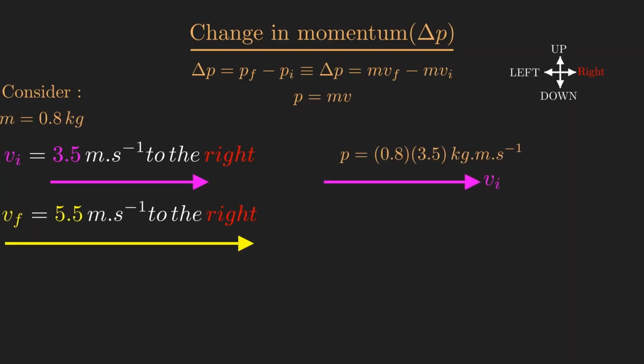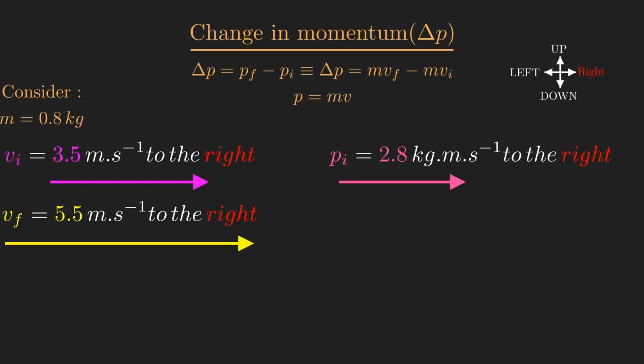So this is our initial velocity. If we multiply this initial velocity by 0.8, we get the momentum. That's going to be reduced since 0.8 is less than 1. So our momentum is going to be 2.8 kilogram meters per second to the right.